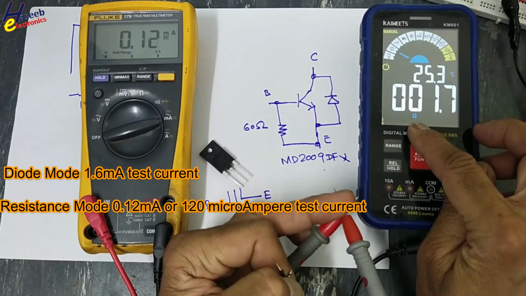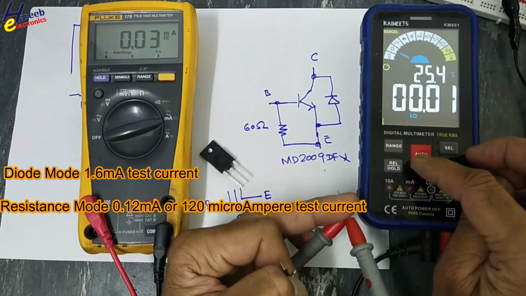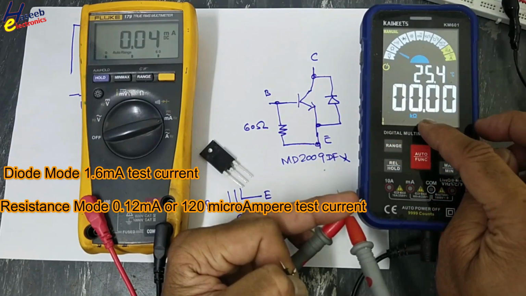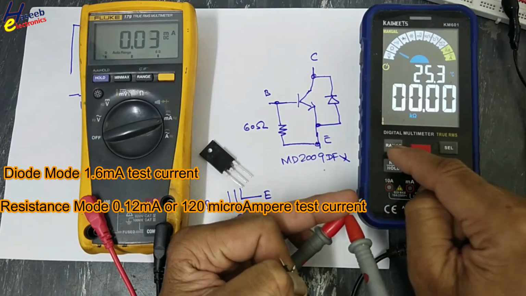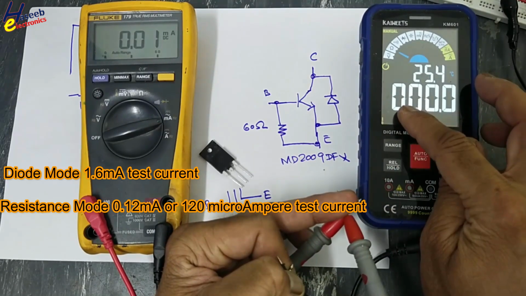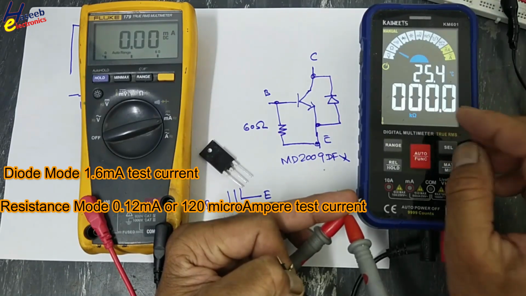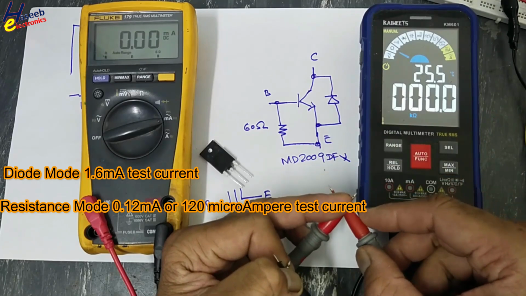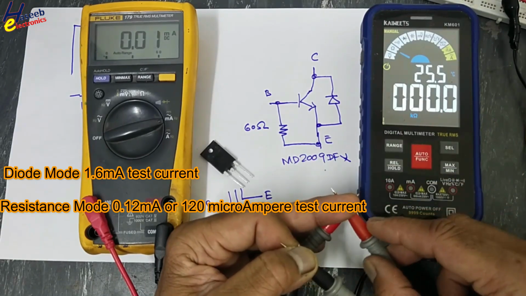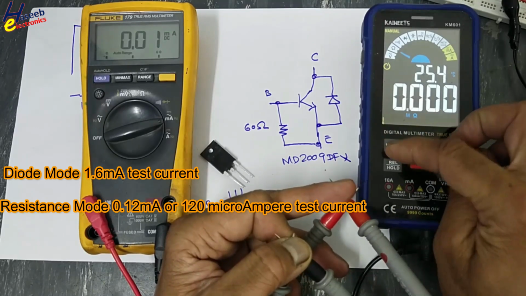In low resistance, 120 microampere. In kilo ohm range, just 30 microampere. At 999 kilo ohm, which is less than 1 mega ohm, the current value is just 1 microampere, a very low test current.